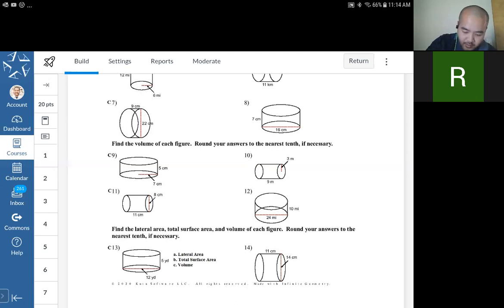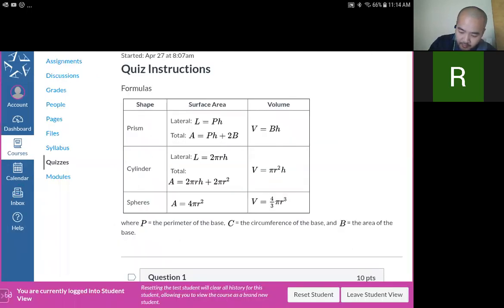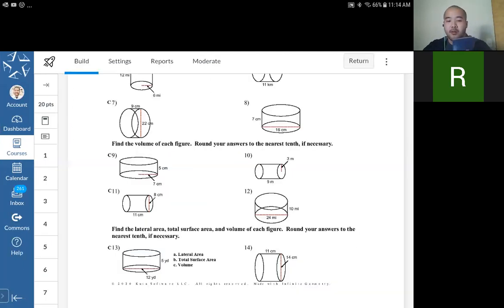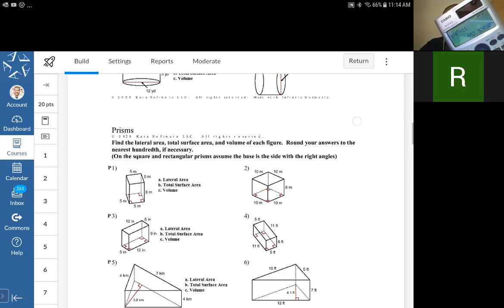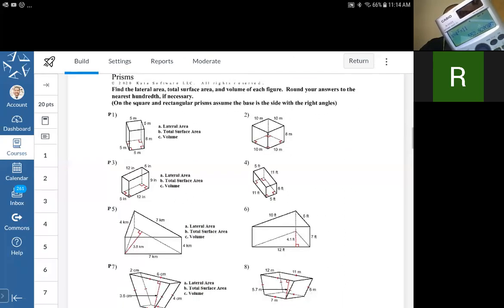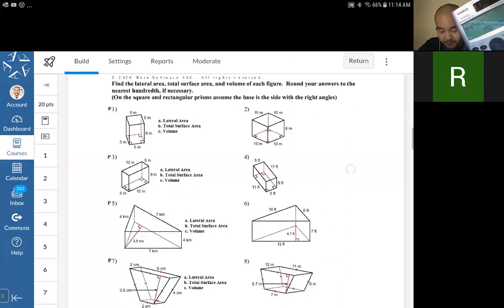Right? That's the correct formula. Pi r squared h is volume. Yeah. So really this whole thing is just plugging into the right formula. For prisms, lateral area, total surface area, volume.